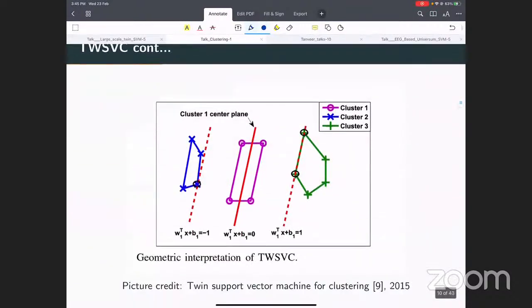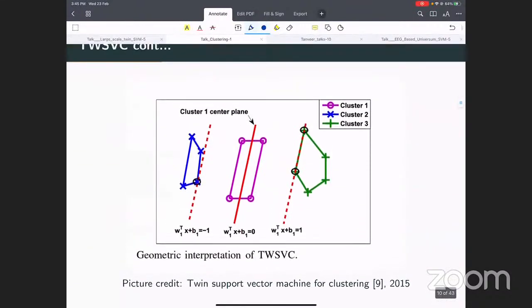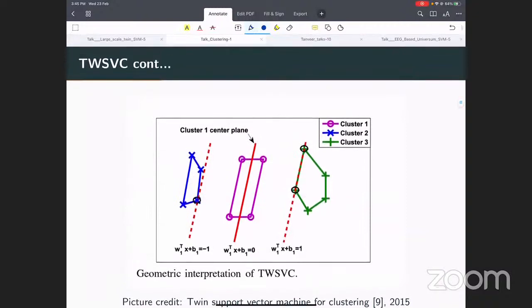You can see some geometrical interpretation. This is based on similarities and dissimilarities. We have class samples 1, class samples -1, and a center plane. Based on the similarities, we have three different clusters: cluster 1, cluster 2, and cluster 3.